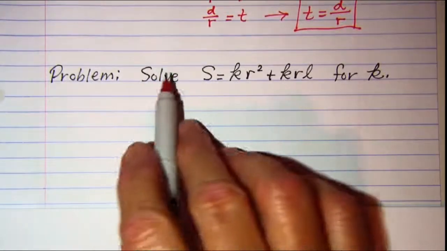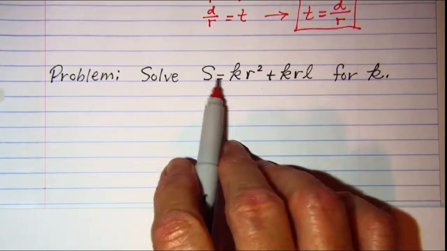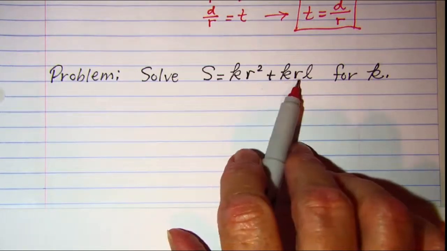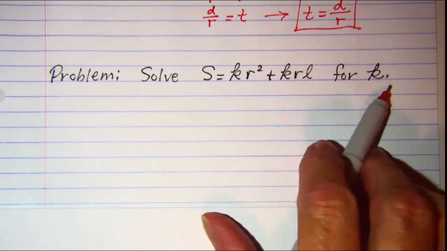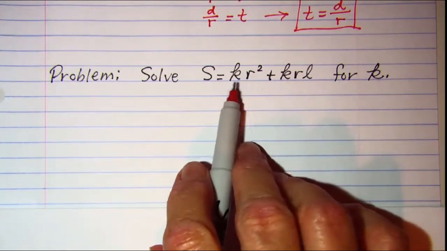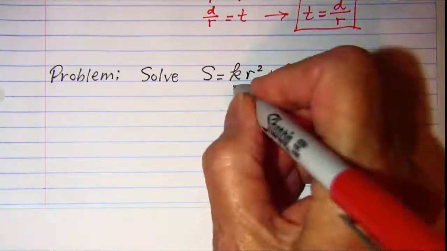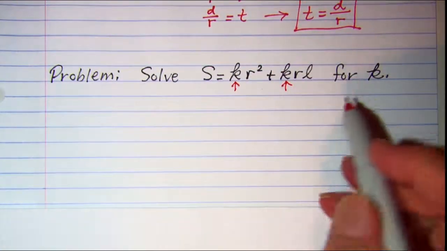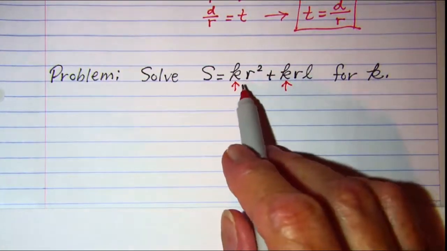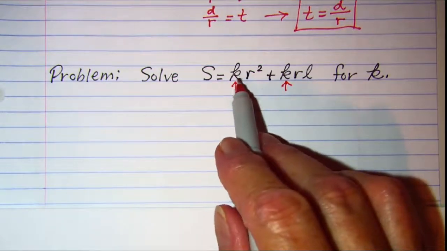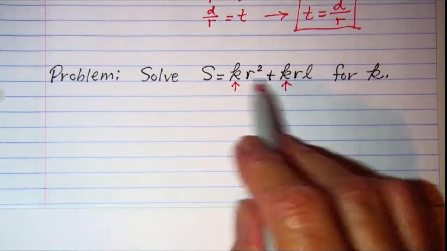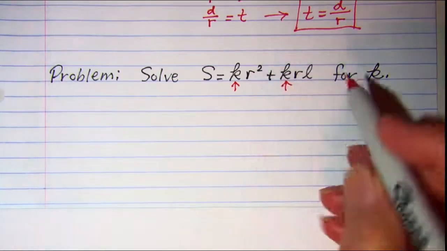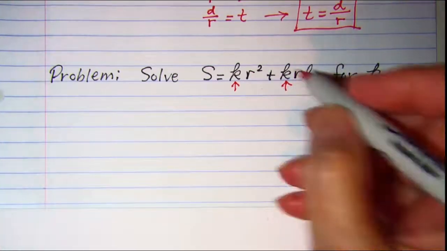Our next problem, we're asked to solve s equals kr squared plus krl for k. Now we'll notice in this equation that k appears two times, here and here. So what we want to do is factor that k out of the expression on the right side, and then we'll isolate it.